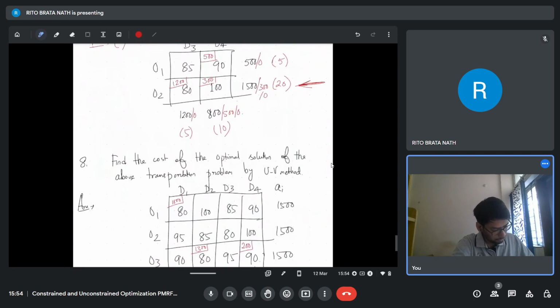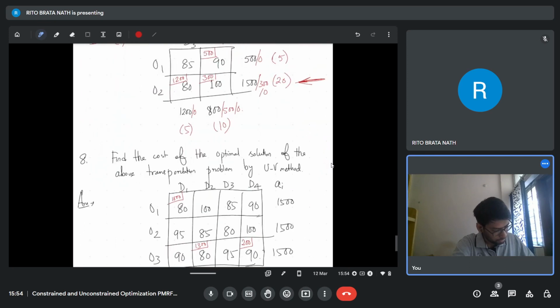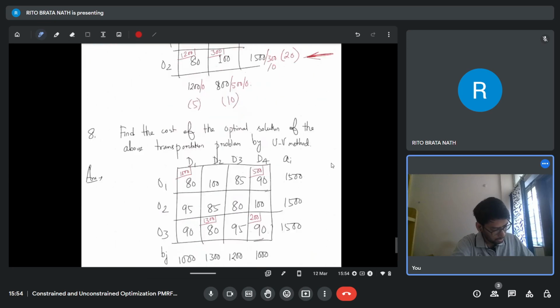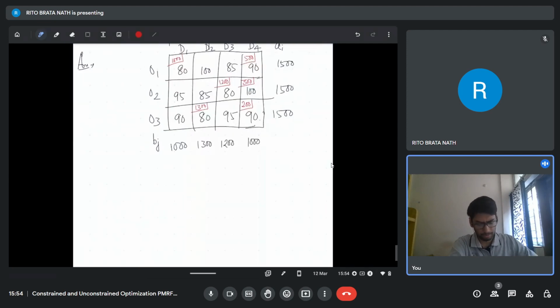Next is at O1 D4, so that's 500. Then it's O2 D3, 1200. This is 300, right? Let me just check the sums quickly. So that's fine. These are my initial allocations, not the optimal one.